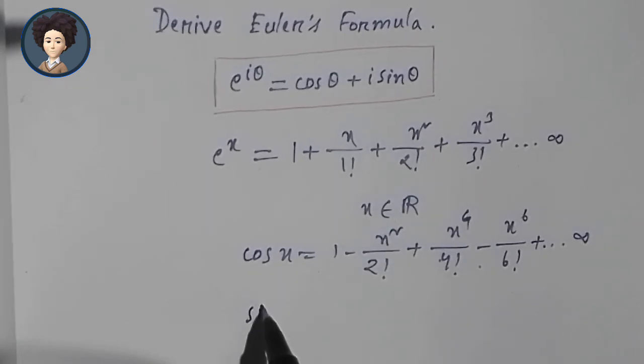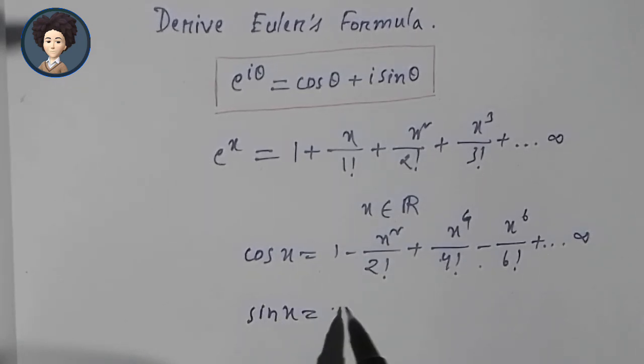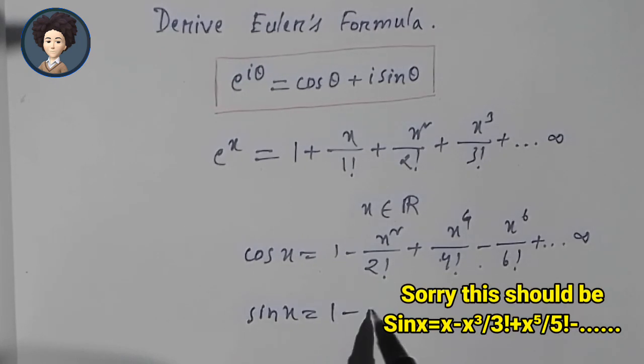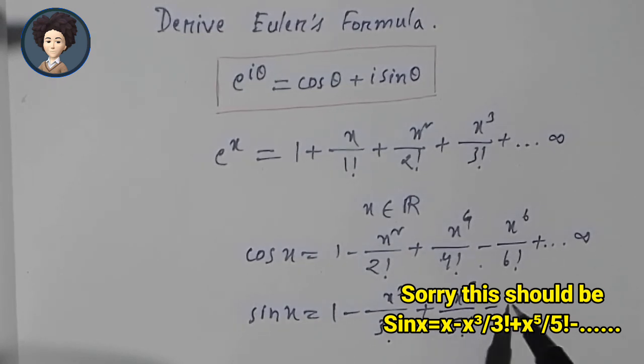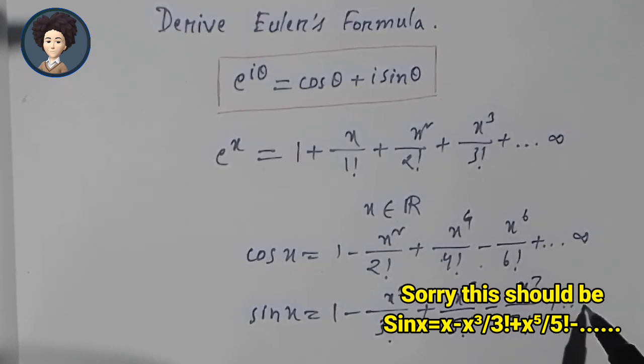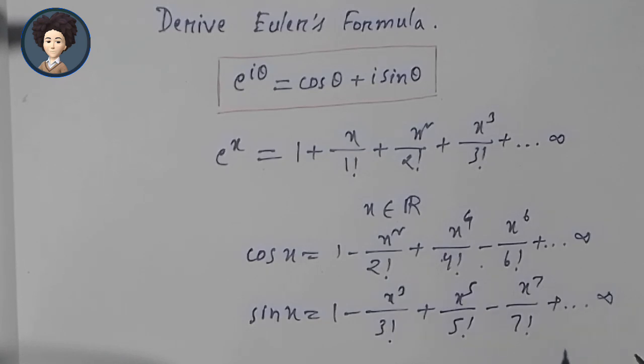And for sin x we can write x minus x cubed by 3 factorial plus x to the power 5 by 5 factorial minus x to the power 7 by 7 factorial plus, and so on up to infinity. So we are going to use these two expansions.